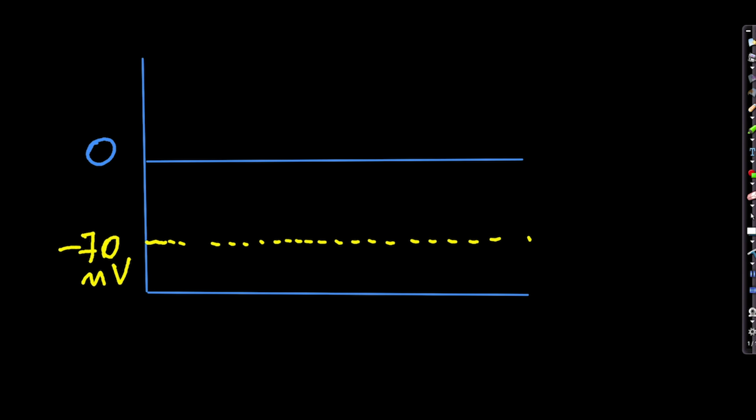So we had 0 here. And if you recall, the neuron, when it wasn't doing anything, had a membrane potential kind of down here, which was minus 70 millivolts. Millivolts is just the unit of measurement used to measure that charge separation.